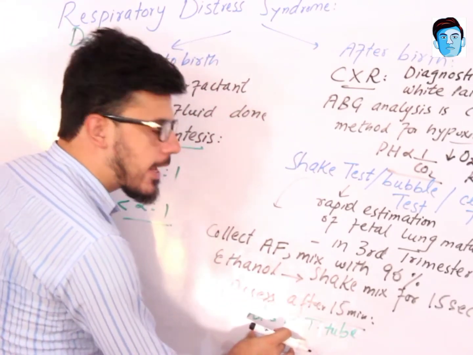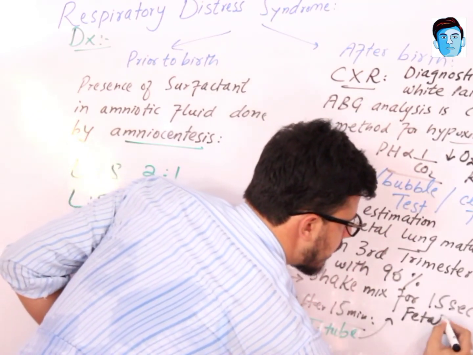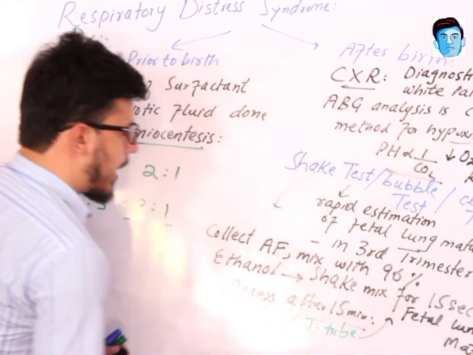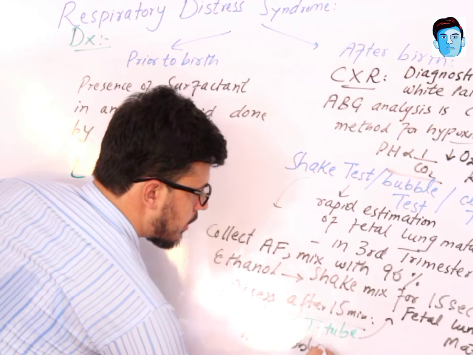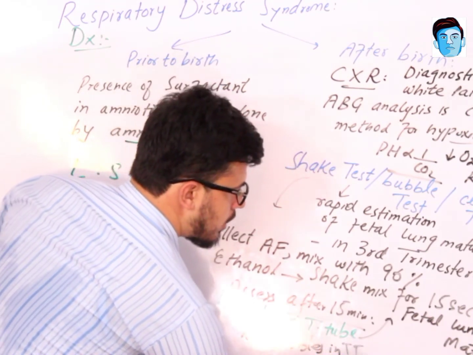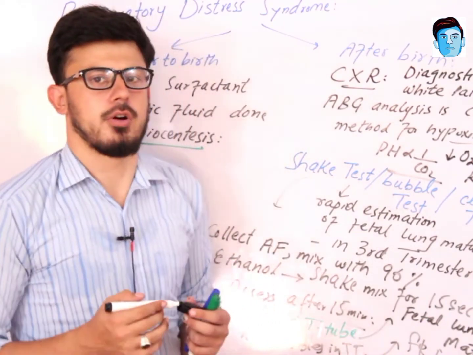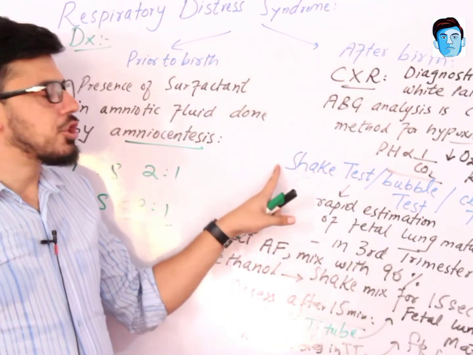But if there is no bubble in the test tube, it means that the fetal lungs are immature. I repeat, it is a very important test. So that is the shake test.